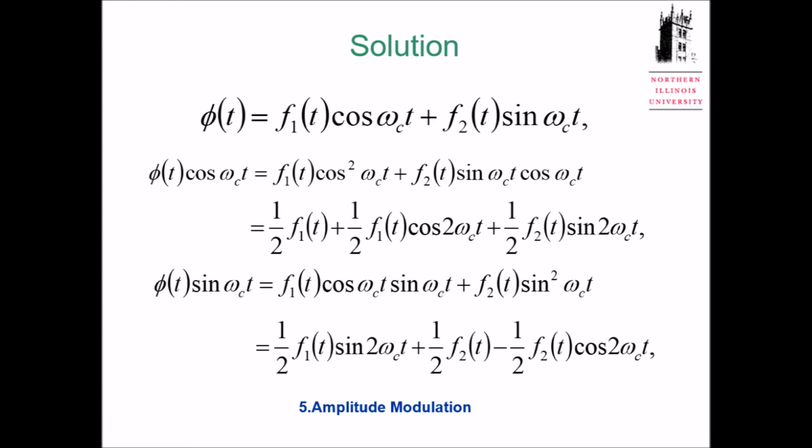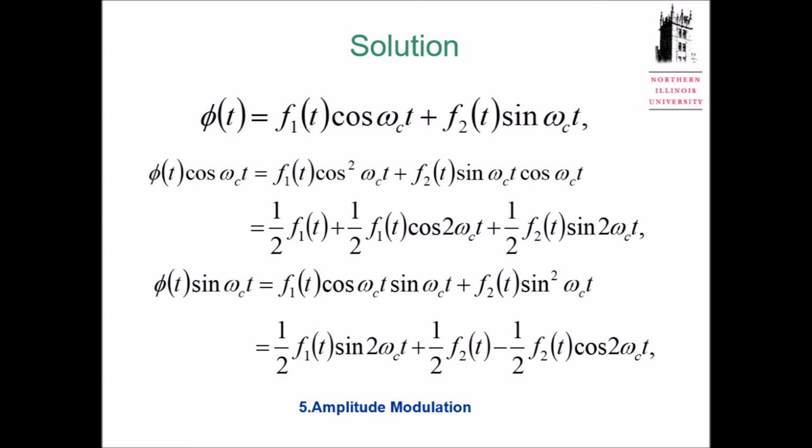Now here I have the receivers, branch 1 and 2, so pass 1, pass 2. Pass 1: phi(t) is mixed with cosine omega c t. We just copy everything. f1(t) cosine omega c t times cosine omega c t, we have cosine squared. Then f2(t) sine times cosine.